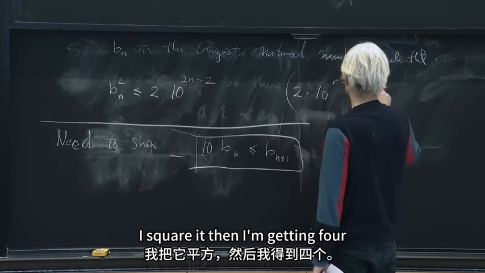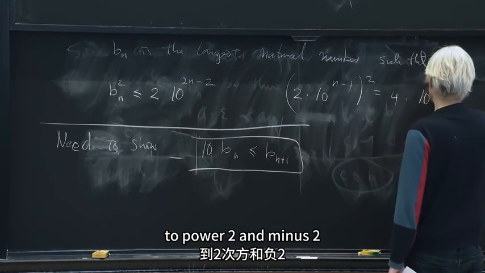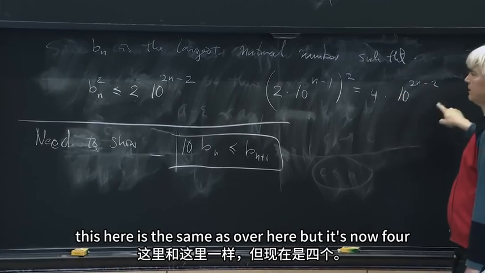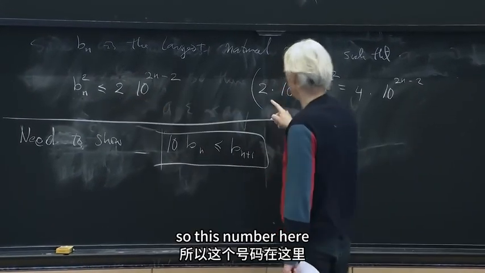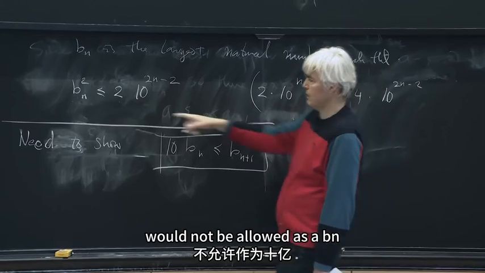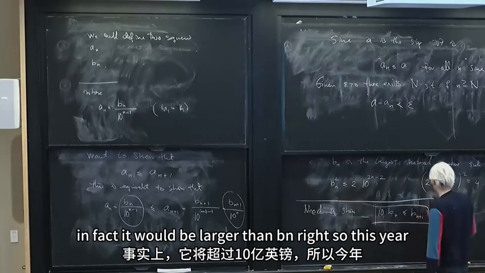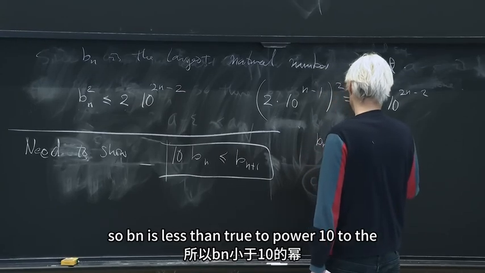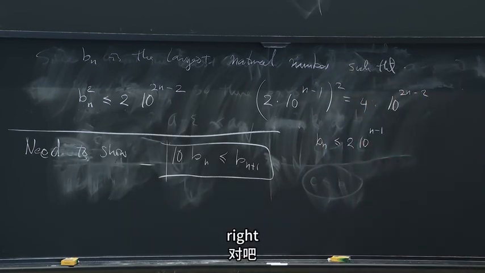I square it, then I'm getting 4 times 10 to the power 2n minus 2. So this is the same as over here, but it's now 4. So this number here would not be allowed as a bn. In fact, it would be larger than bn, right? So bn is less than 2 times 10 to the power n minus 1.